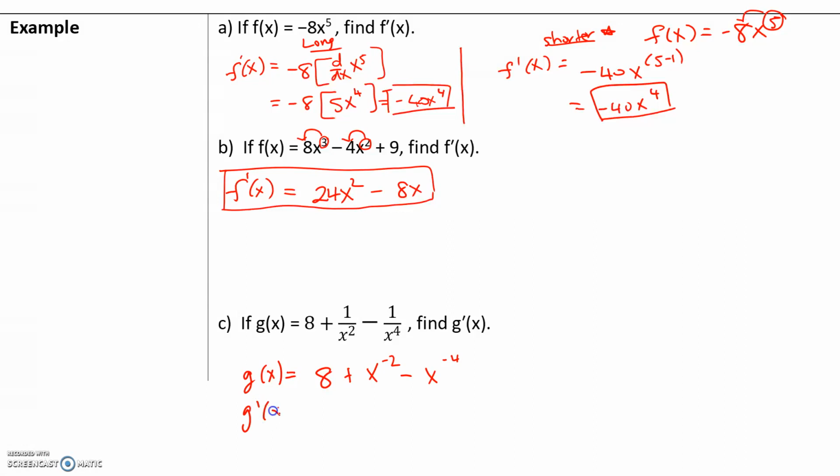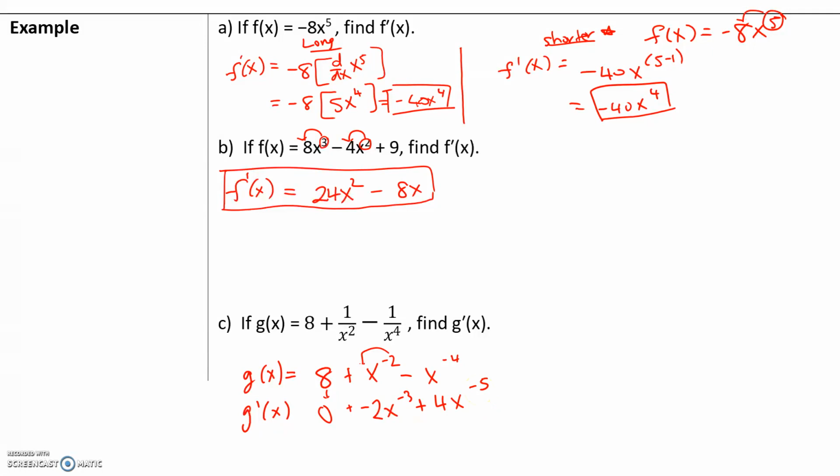Now, for g prime of x, the derivative of any constant is equal to 0. For the second one, the negative 2 is going to come to the front. So that gives us negative 2x, and we subtract 1 from this, which will give us negative 2x to the negative third. Minus. In this case, we have a negative times a negative, so this actually gives us a positive 4. x to the negative 4 minus 1 is negative 5. So this gives us plus 4x to the negative fifth.